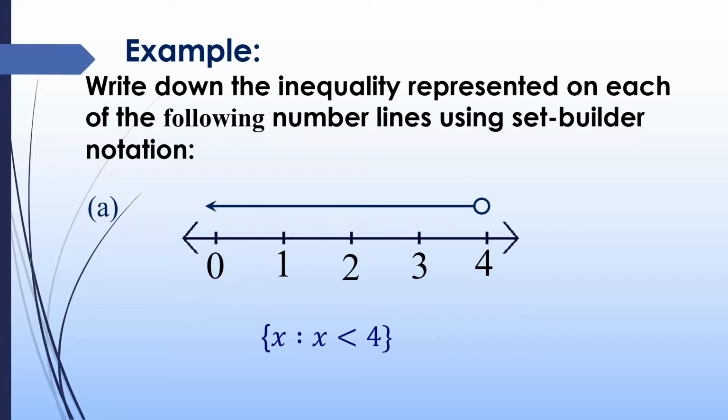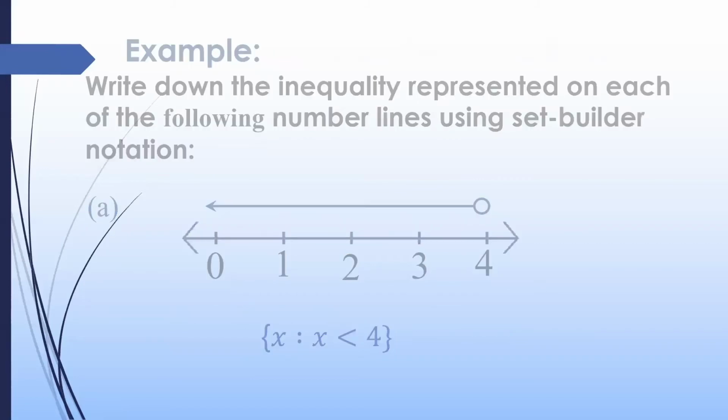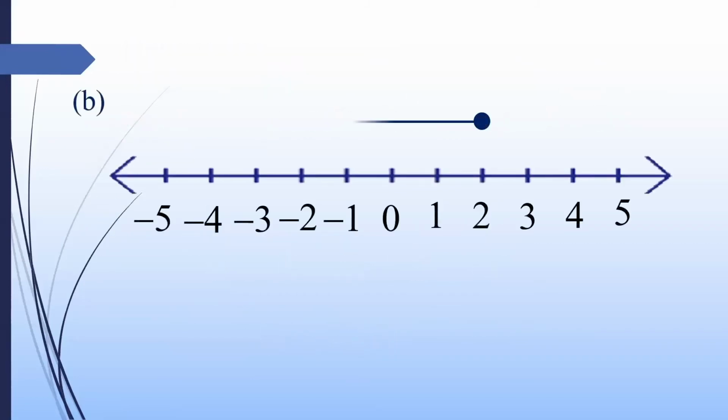So here it is X such that X is less than 4. Part B. Here I have a shaded circle at 2 and my arrow is pointing towards the left. So how will you write it? X such that X is less than or equal to 2.